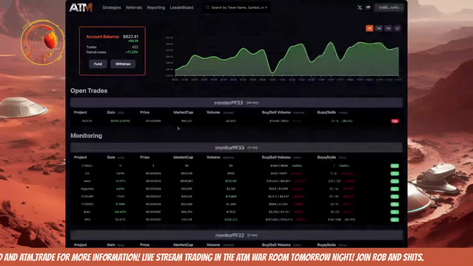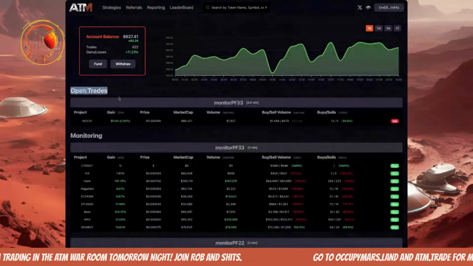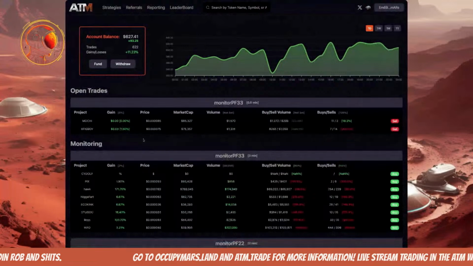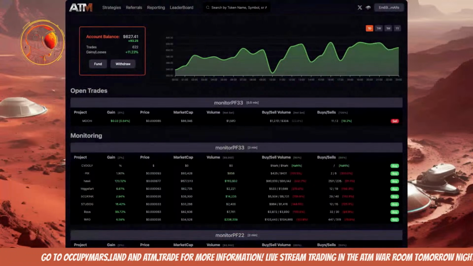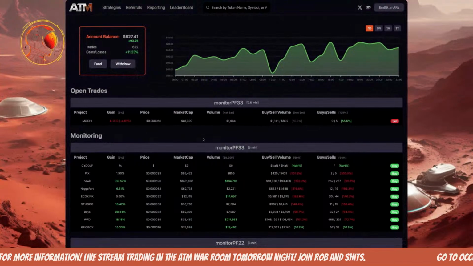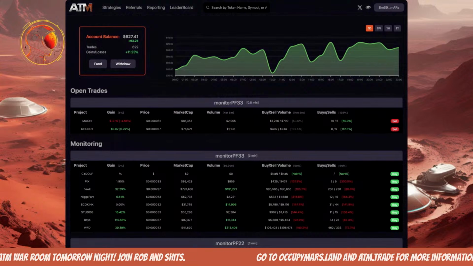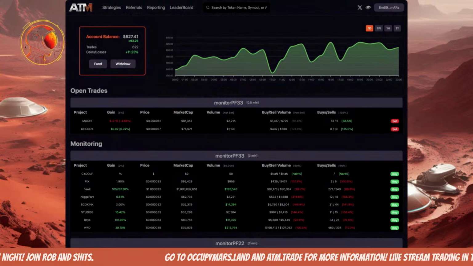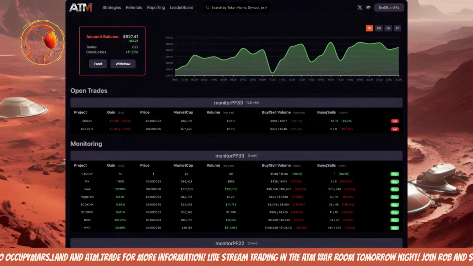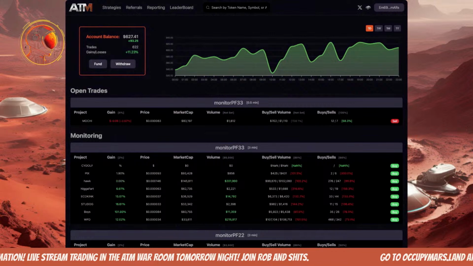You'll see these tokens popping in and out of the open trades right here. These are tokens that the system buys, and it determines whether to sell them or hold them. Each strategy has its own sell parameters or sell triggers. Once we purchase a token, we have a parameter set up for when to sell it, either on a trailing stop loss, a hard stop loss, or a gain.